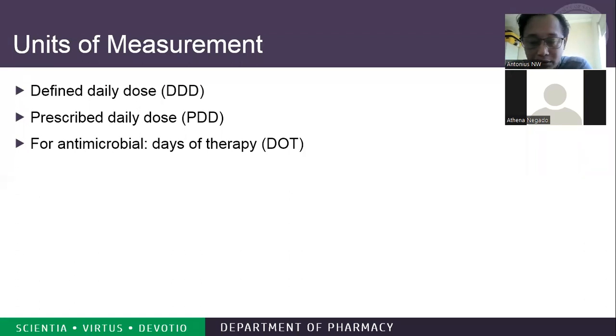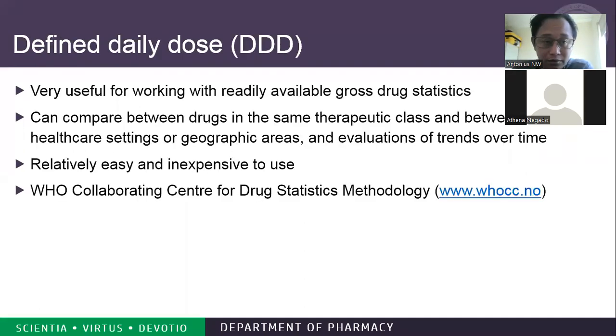Have you heard about the defined daily dose before? No? The defined daily dose is not the actual dose that should be given to each patient to have a specific treatment.